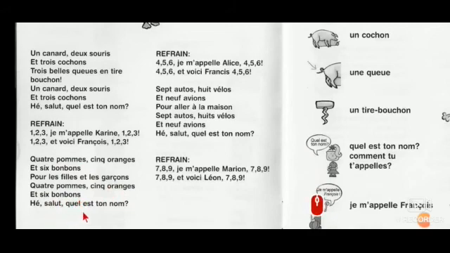Et salut, quel est ton nom? 4, 5, 6, je m'appelle Alice. 4, 5, 6, et voici Francis. 4, 5, 6. 7 autos, 8 vélos et 9 avions pour aller à la maison. 7 autos, 8 vélos et 9 avions. Et salut, quel est ton nom? 7, 8, 9, je m'appelle Marion. 7, 8, 9, et voici Léon.